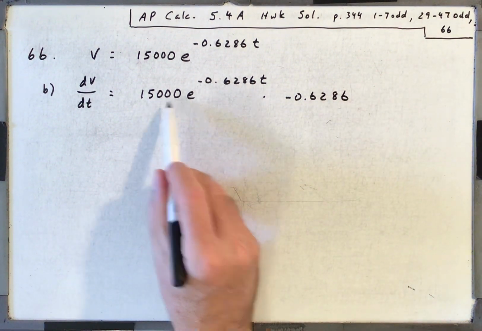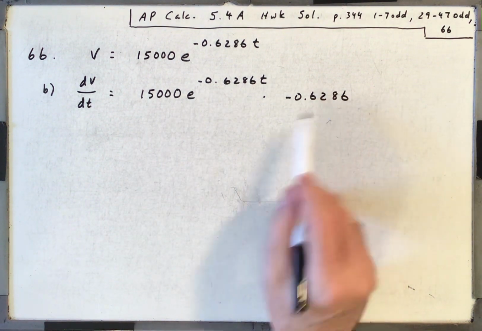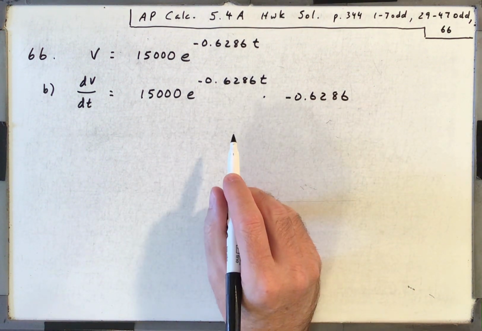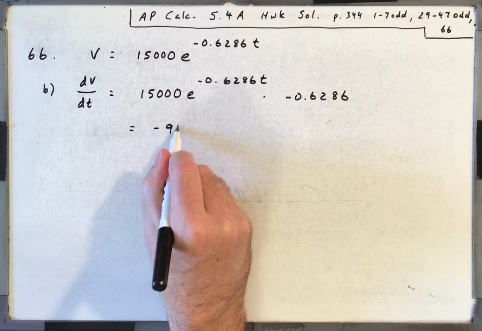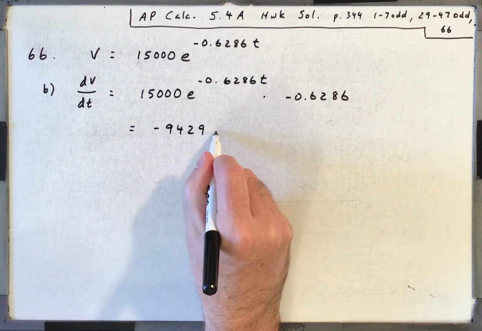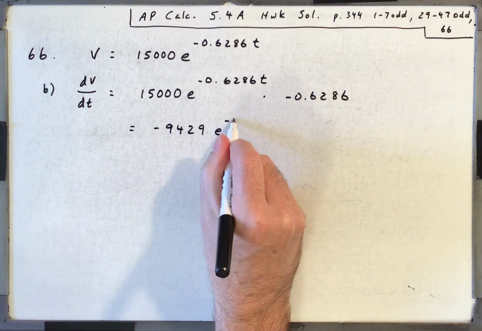So if we multiply 15,000 times negative 0.6286, that's going to be negative 9429 e to the minus 0.6286 t.